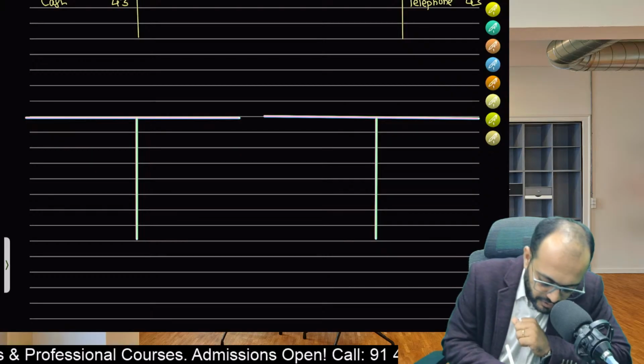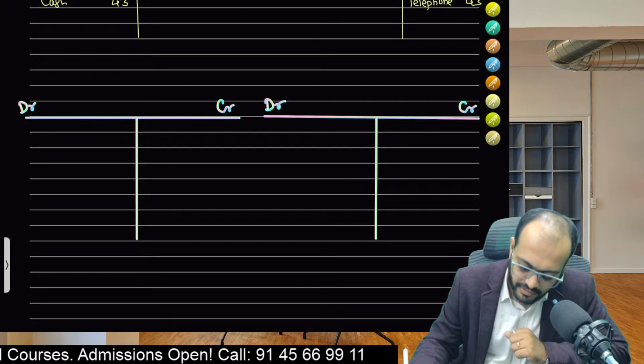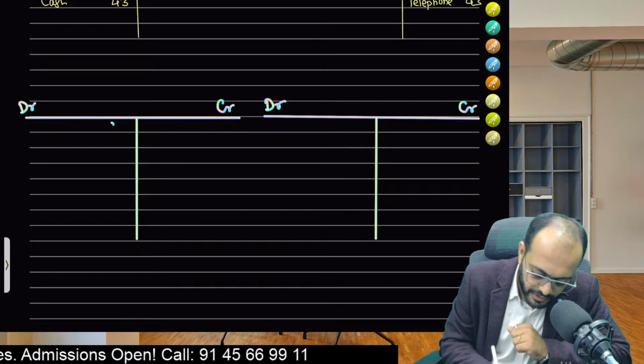Of course, left side debit, right side credit. We don't know the name which should be written here, but this is the format.